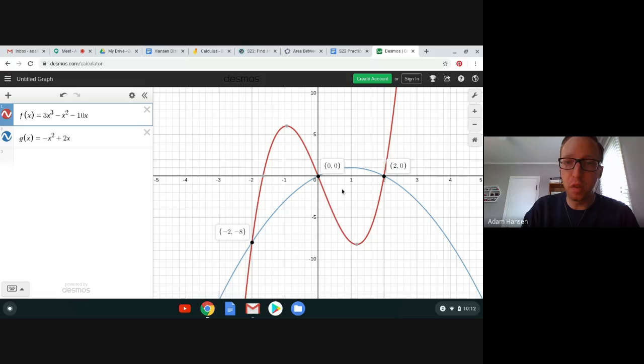And then vice versa over here to the right, between x equals 0 and 2, where g of x, the parabola, has now become the top function, and f of x, the cubic function, is now located below on bottom. So this is going to require 2 different definite integrals to find the area of each of these 2 regions, and our total area is the sum of those two areas.